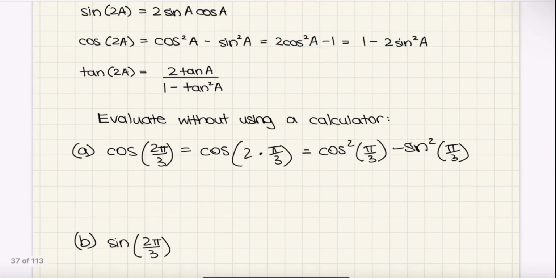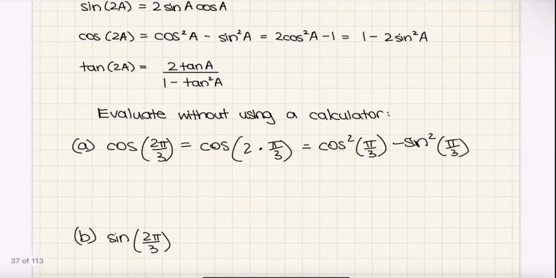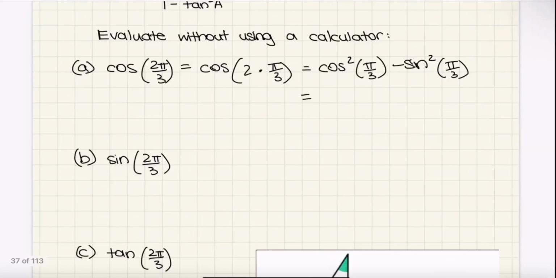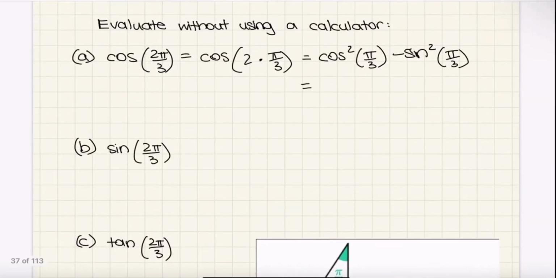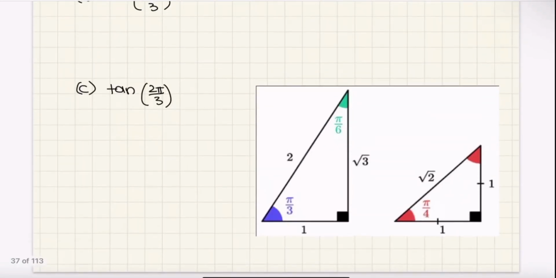All right, so now let's get into what is cos squared of pi over 3. Well, we can figure that out by using a special triangle, right? If we head down here to our special triangles, a reminder that cosine of pi over 3 would be adjacent over hypotenuse, so that's going to be a half. So let's write that in. This is just a half squared. And then sine squared pi over 3, well, that's going to be root 3 over 2 squared, right?